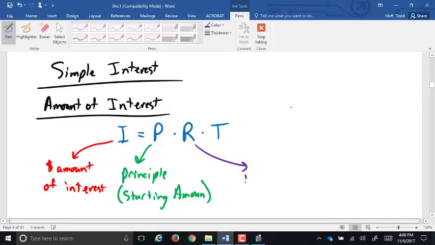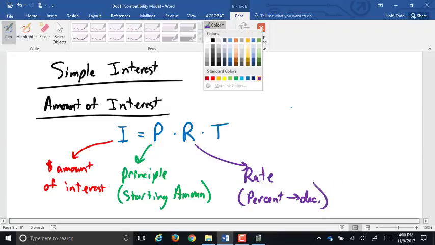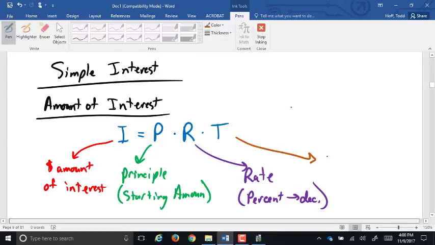R is a rate, that's a percent as a decimal. And T is time in years.